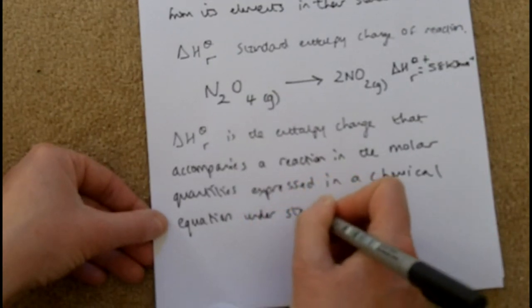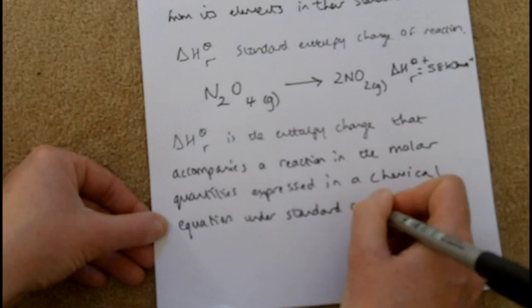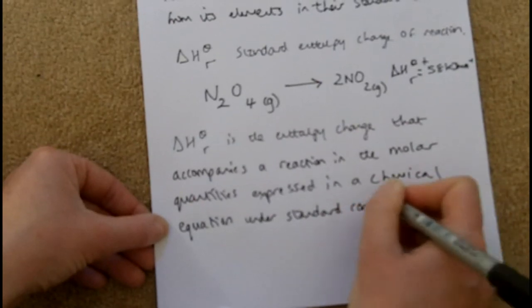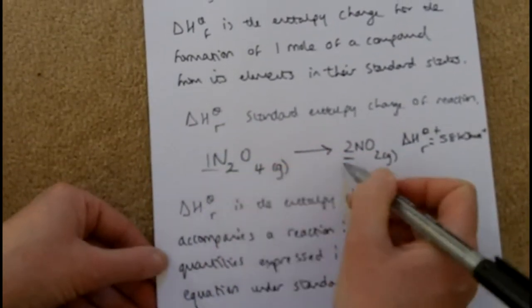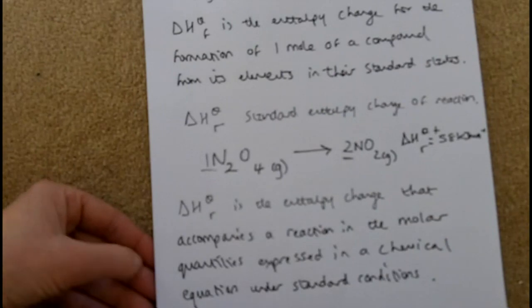And that's everything under standard conditions. Basically that just means that in the ratio 1 to 2, in that ratio, that is the standard enthalpy change of reaction, for the ratio of 1 to 2.